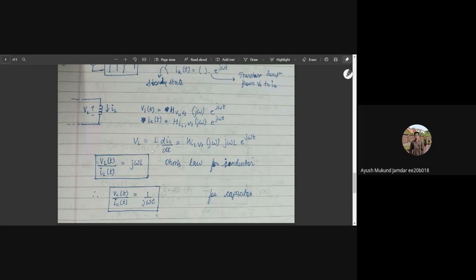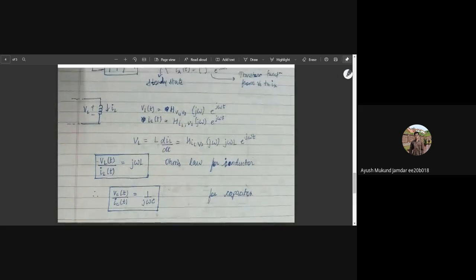Now, the property of the inductor VL is L di by dt gives VL equal to h of IL Vs, a function of j omega, times j omega L, into exponential j omega t. On comparing these equations, we find that the ratio VL of t by IL of t turns out to be j omega L, and for a capacitor, it turns out to be 1 by j omega C. So effectively, j omega L is the resistance for an inductor, and 1 by j omega C is the resistance for a capacitor.